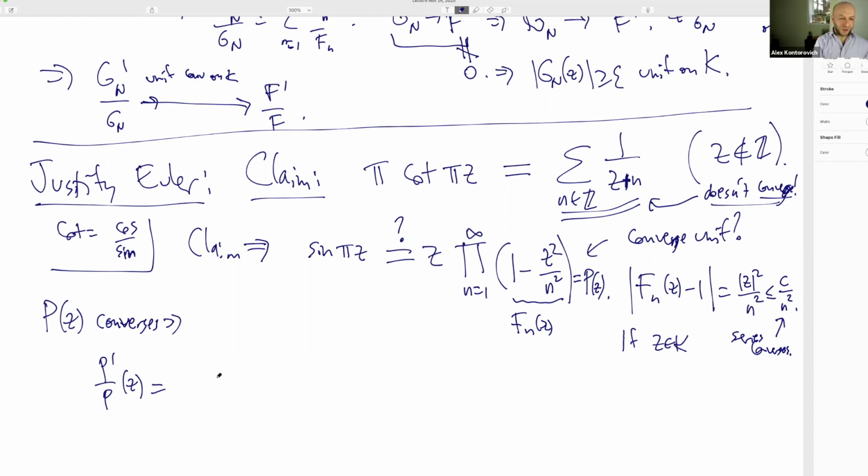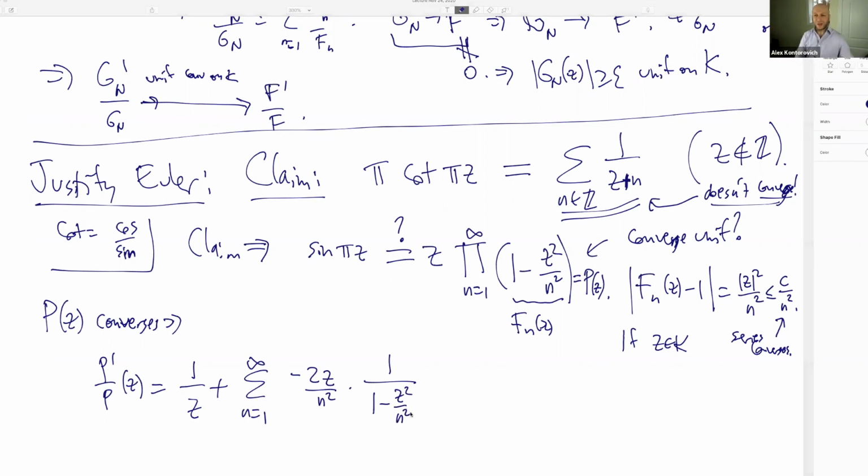So the first term, one of the functions is z. So the derivative of that is 1, and the original function was z. And then I get a sum over the integers. Let's see, what's the derivative of this? Negative 2z over n squared is the derivative of each one, which I'll write as times 1 over f.